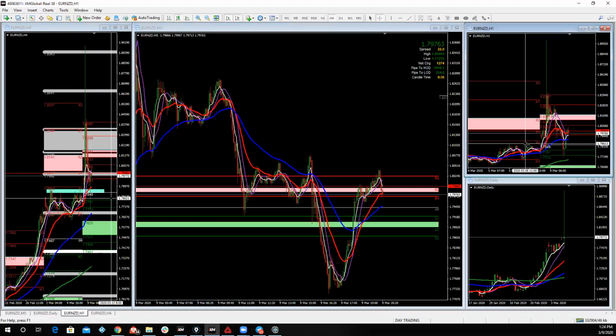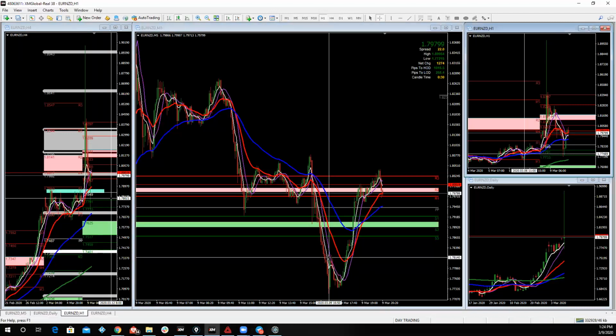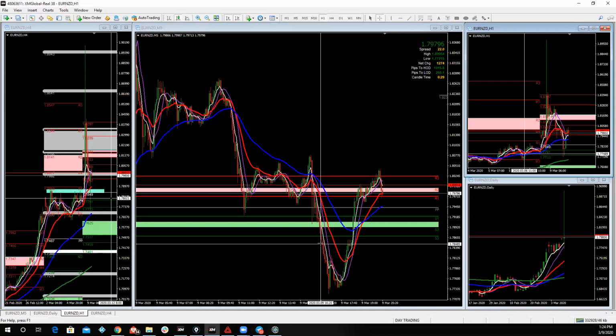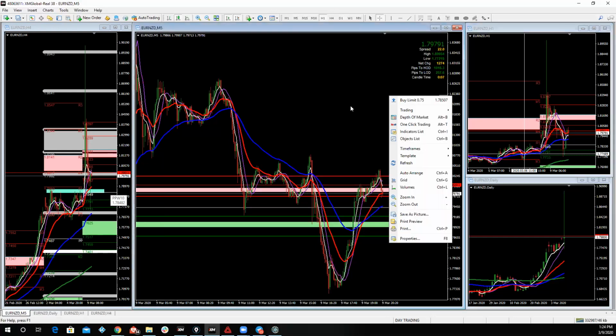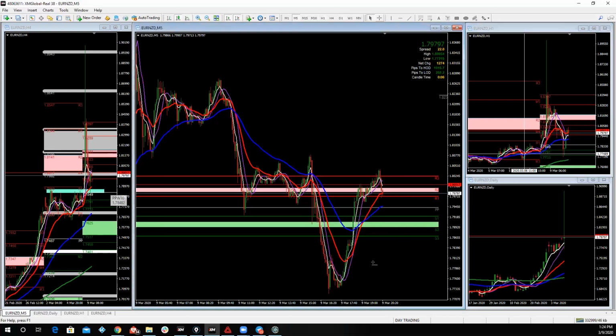Same thing, everything lines up, and you're looking for the point where it is 1.785, for example.